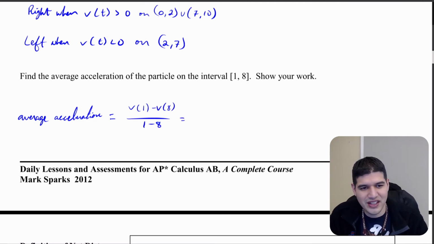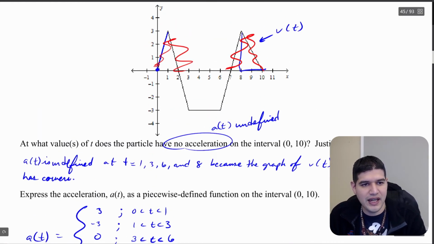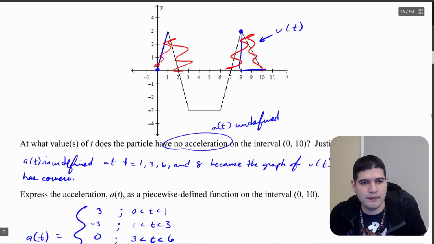So let's see, v of 1 I'm getting as 0, and v of 8 I'm getting as positive 3. So I'm going to write 0 minus 3 over 1 minus 8 is negative 7. All right, so let's go ahead and look at our graph. For v of 1, I'm getting positive 3. And then for v of 8, I'm getting also positive 3.